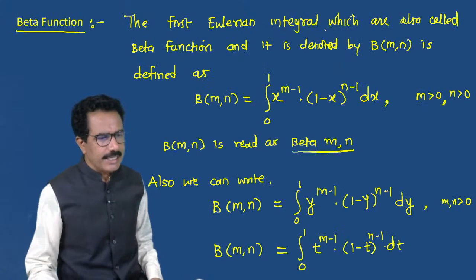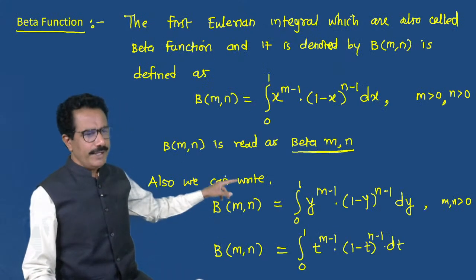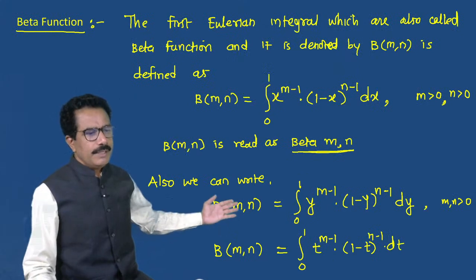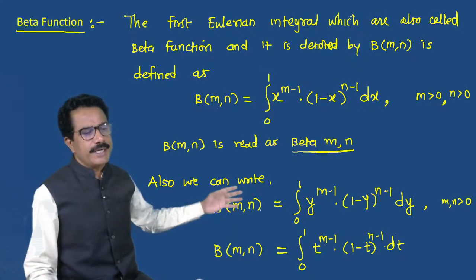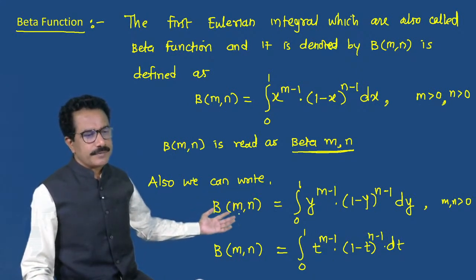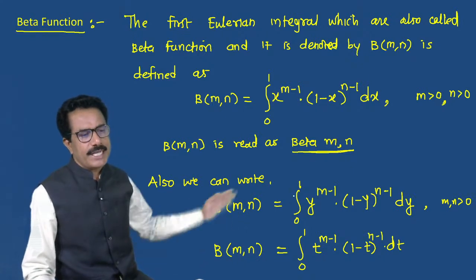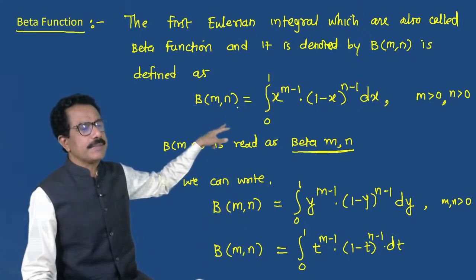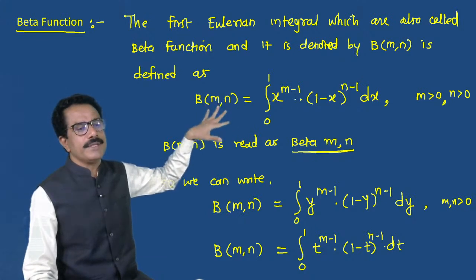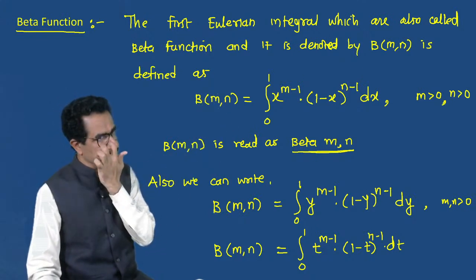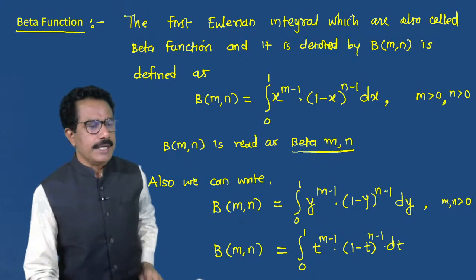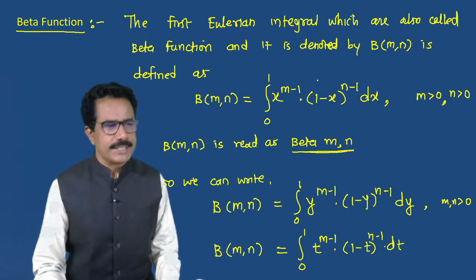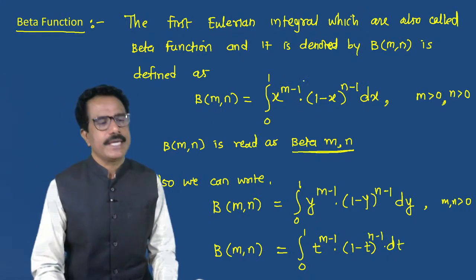Now here, if you write how we can define beta of m comma n, we can write this. Now if we have to write this as beta of n comma m, see how it is written: beta of n comma m is equal to, we can write this. Now we can move towards, in place of n we can write this.